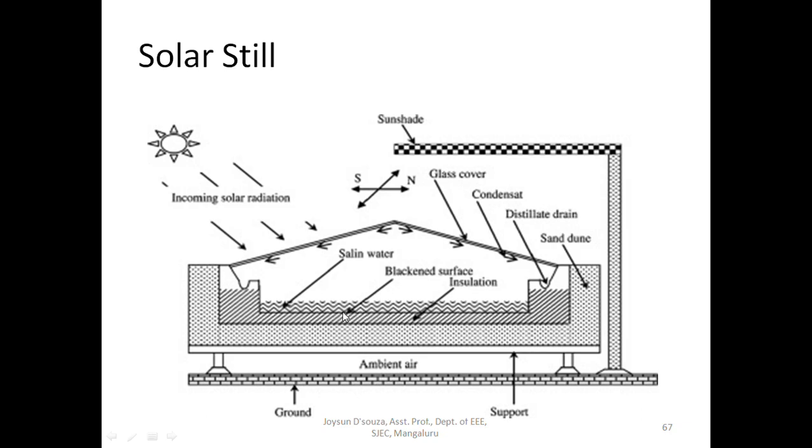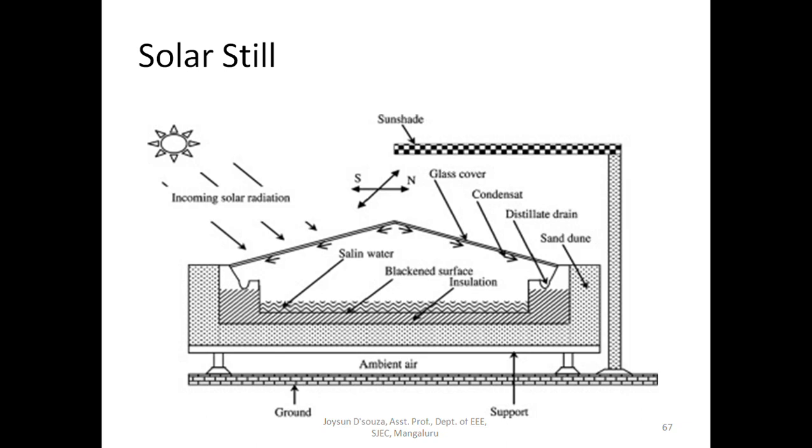Here, the sun's rays will be falling on this solar still. This entire thing is called a solar still. The sun's rays come inside and get trapped, and the saline water gets heated. As you know, the temperature of water to boil is 100 degrees centigrade.